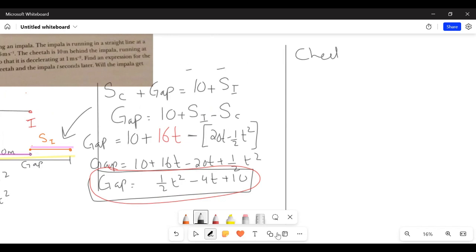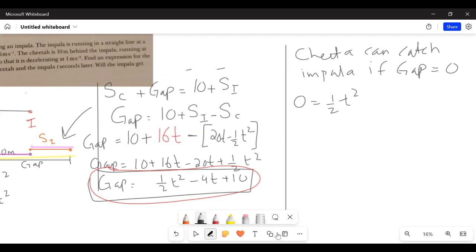The cheetah can catch the impala if the gap can be equated to 0. So let's try that. 0 is equal to half t square minus 4t plus 10.